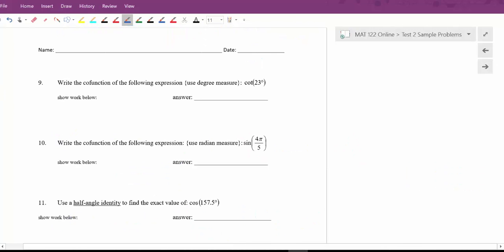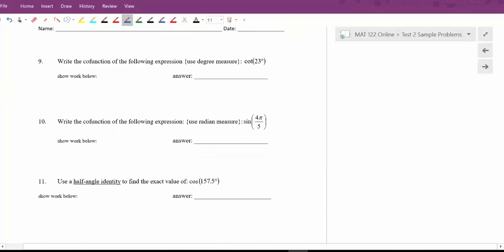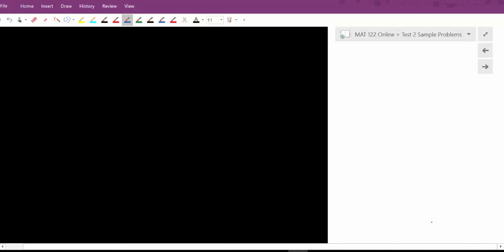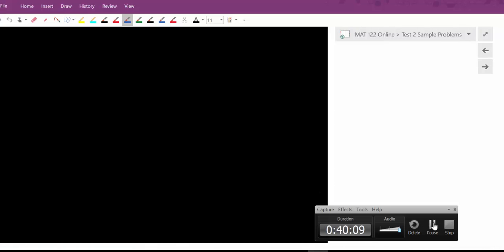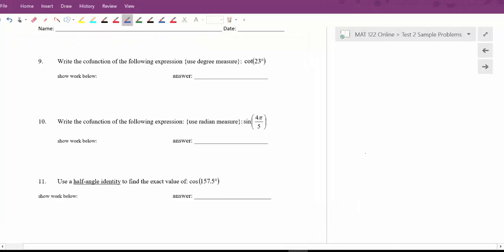Now on the next page, we're going to talk a little bit about what we mean by cofunctions. So the first thing is, what are cofunctions?